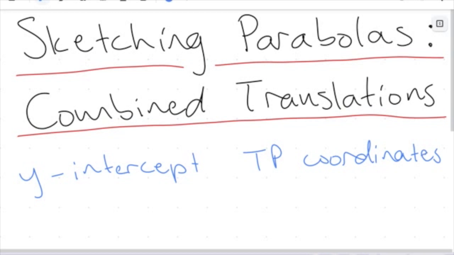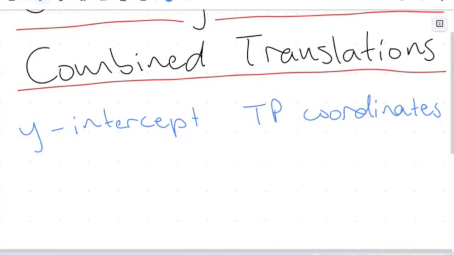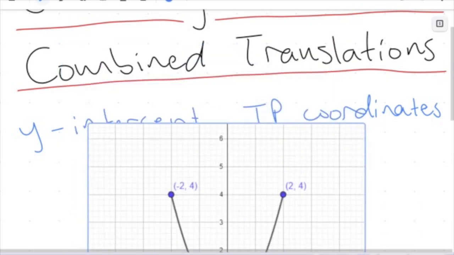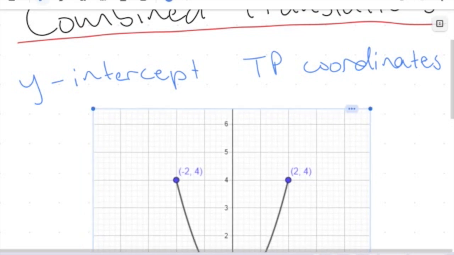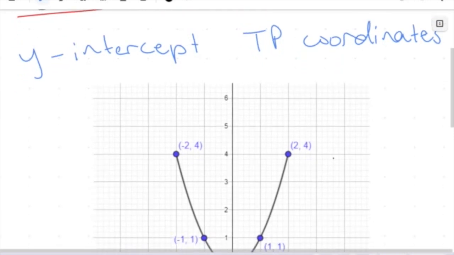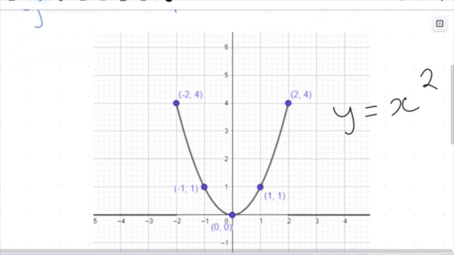So let's just jump straight in, and all of the questions that we're going to be doing are going to be centered around our original y equals x squared parabola. You don't have to do it this way, but I've always found that having this as a starting point, knowing what my easiest foundational parabola is that I can just know off the top of my head, this y equals x squared one, I can transform from the perspective of this one.